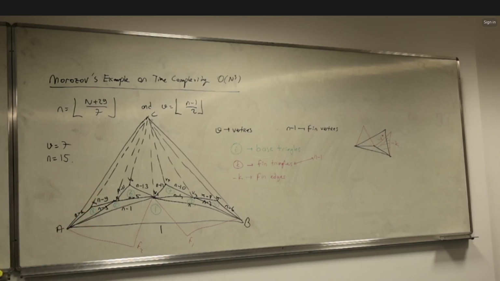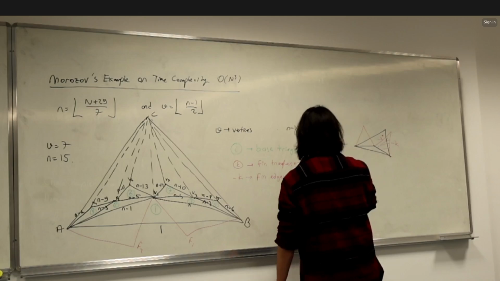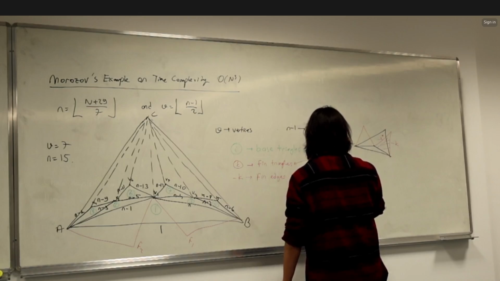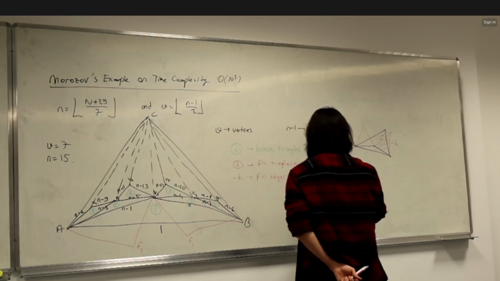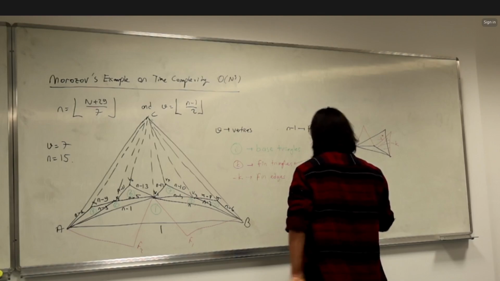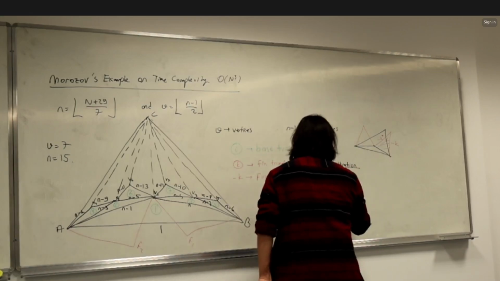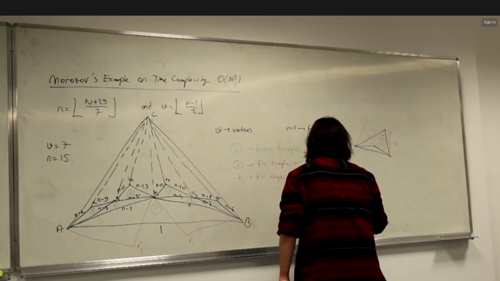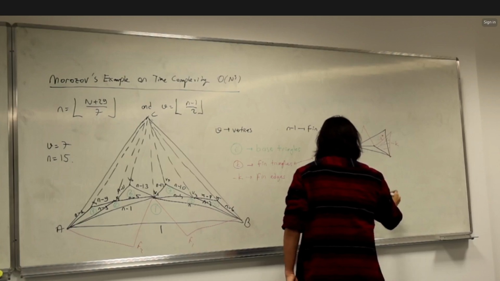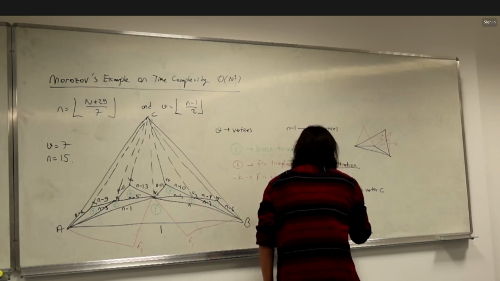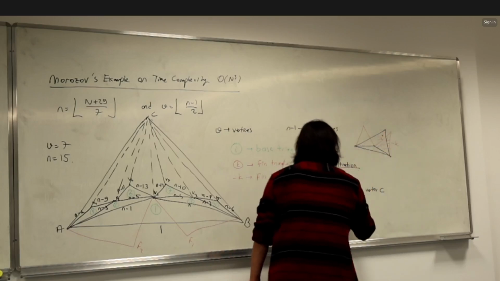Then he gives the filtration for this shape, the order of filtration, which is first the vertices, and then the edges with vertex C. Then he puts just one of the fin edges.